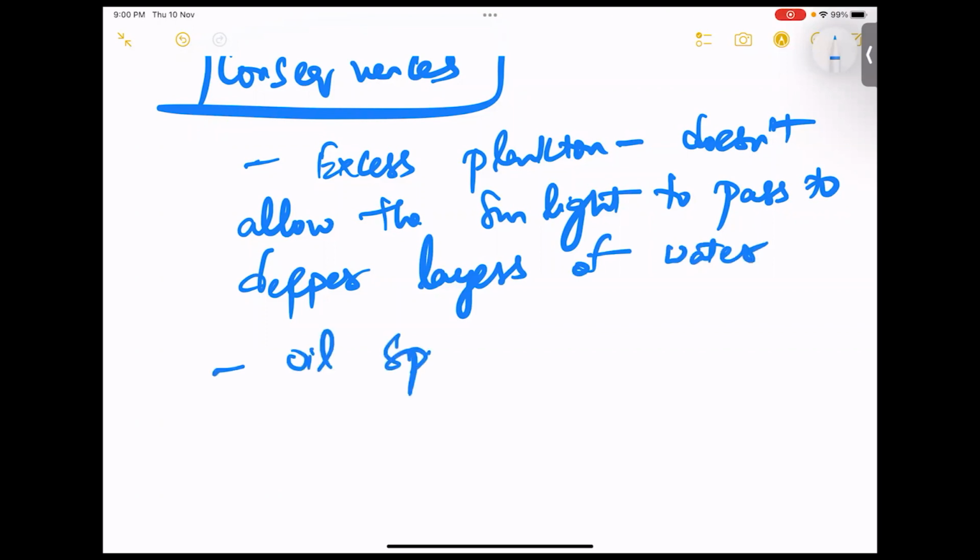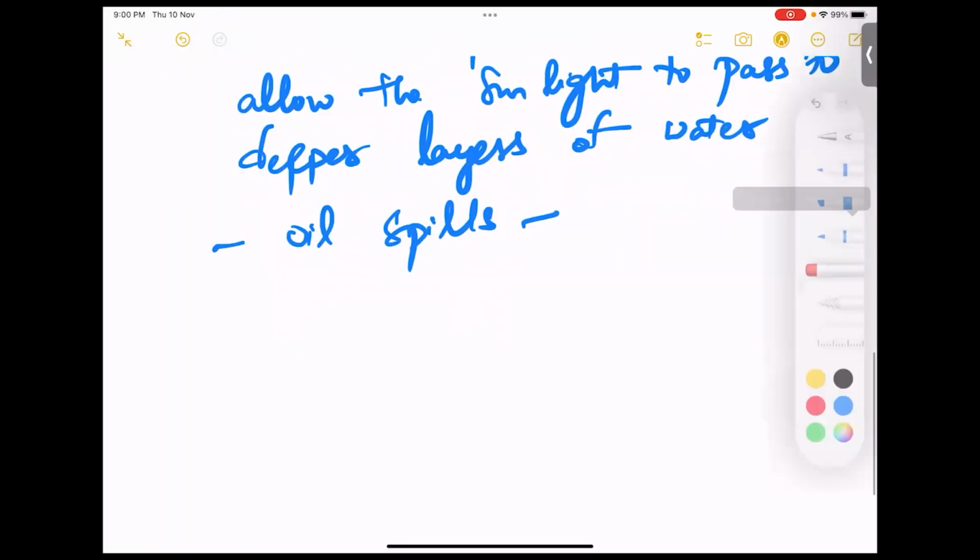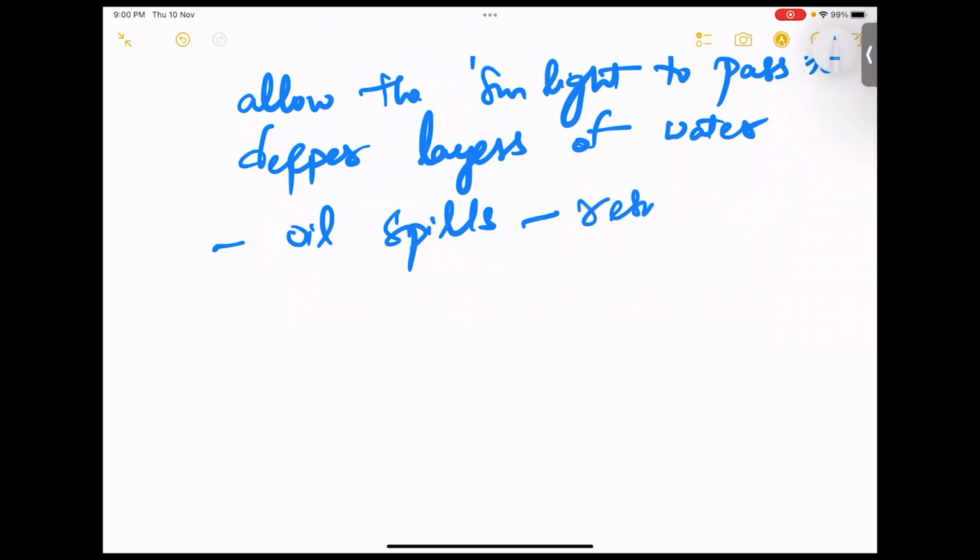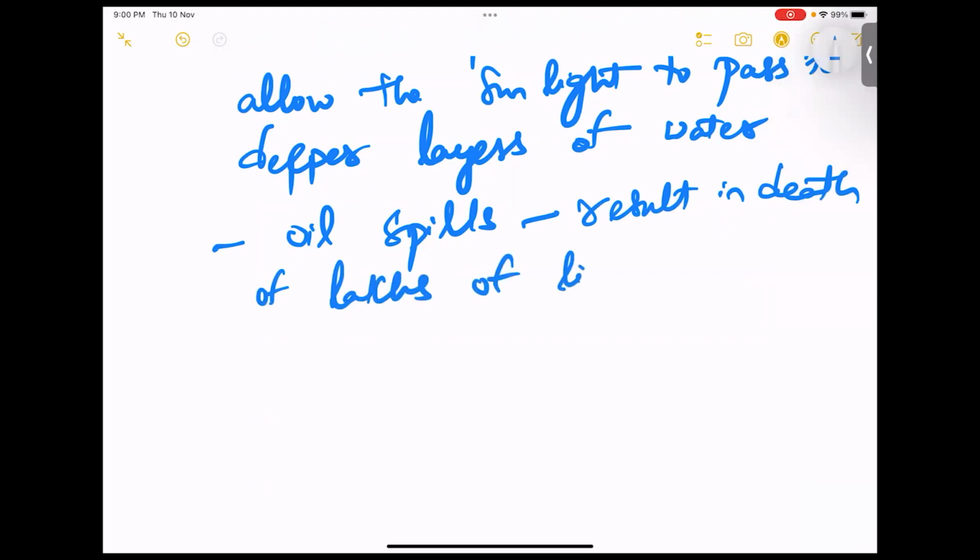Oil spills result in death of lakhs of living organisms like fish.